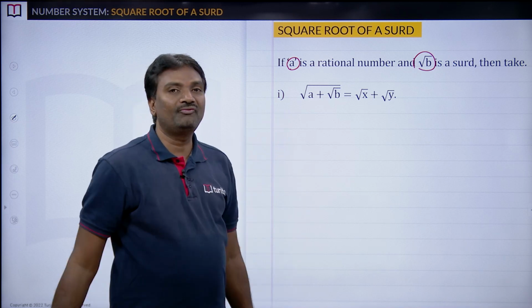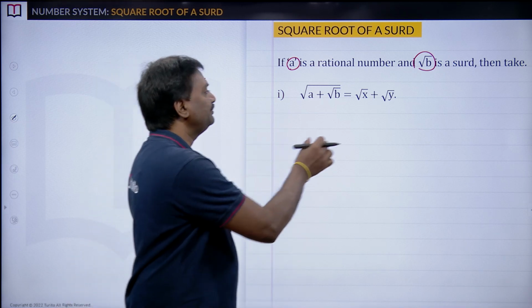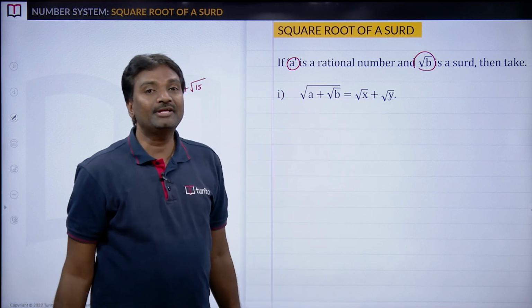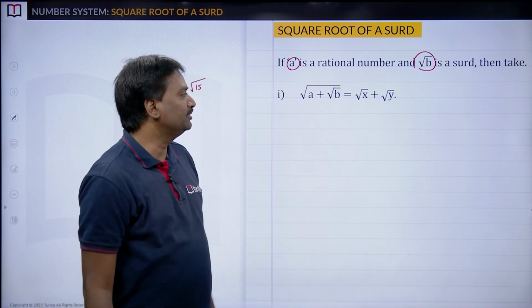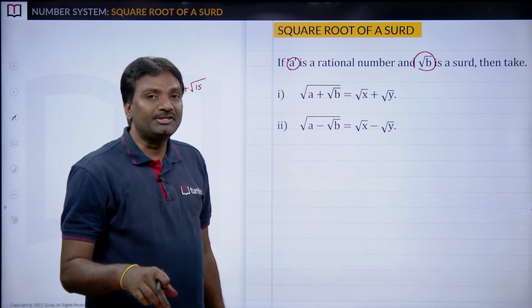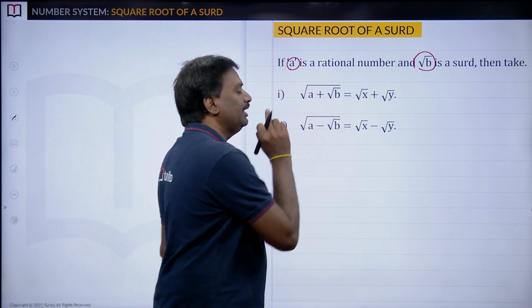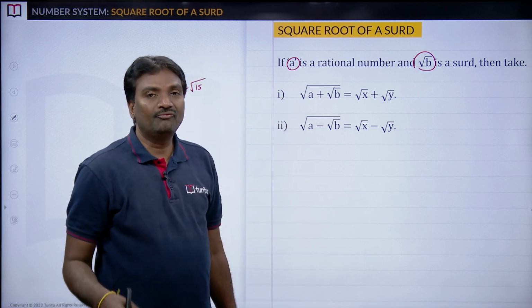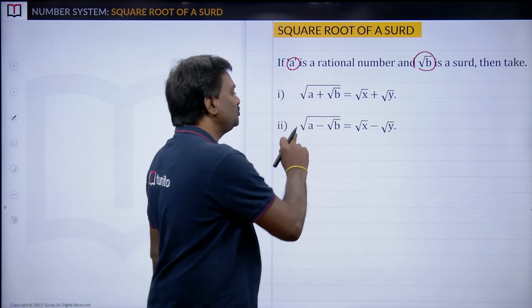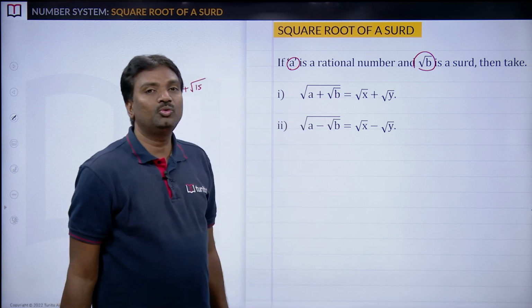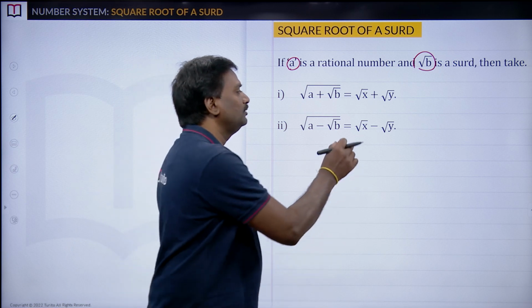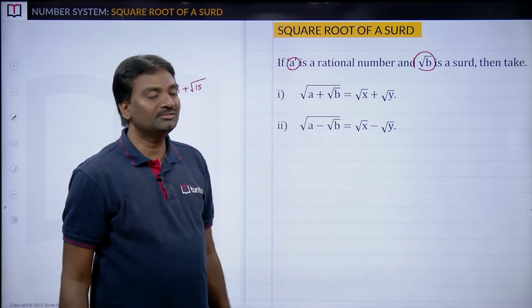In this case, to find the square root of this number, you can take root x plus root y. If the given expression is of the form a minus root b, then to find the square root of this number, you can consider square root of a minus root b equal to root x minus root y.